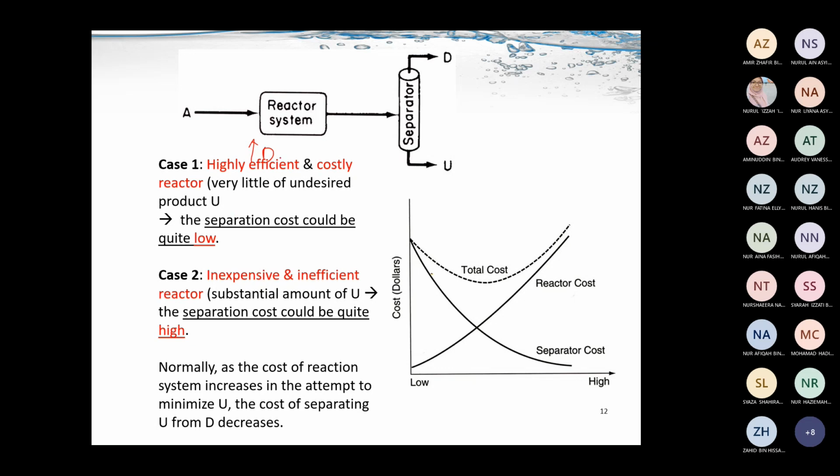When D is high, U is already minimized, so separating it can be low cost instead of high cost.